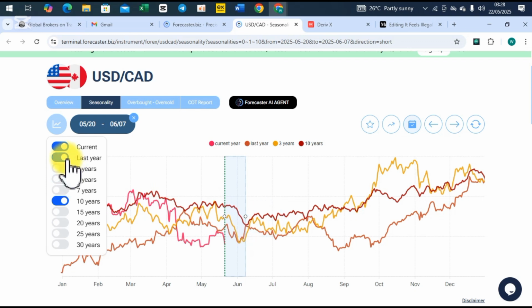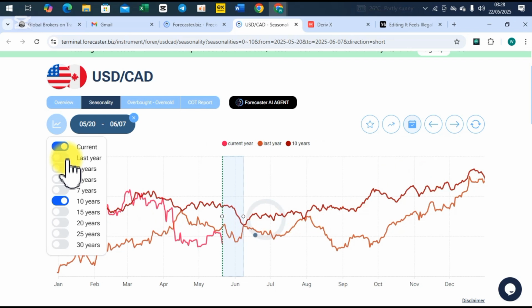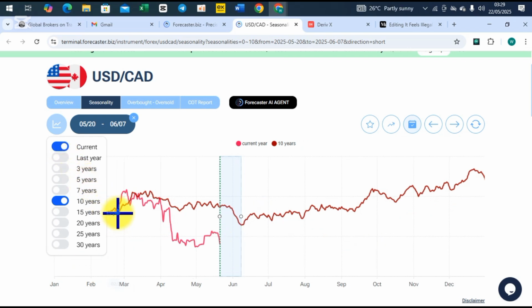Let me deselect it, and I go with what was originally suggested for us by this forecaster. All right, so you can see today, which is 22nd, now you can see up to here, which is 1 month.